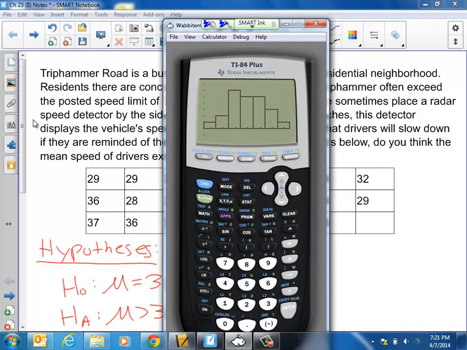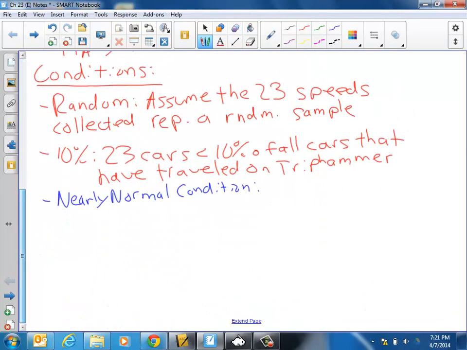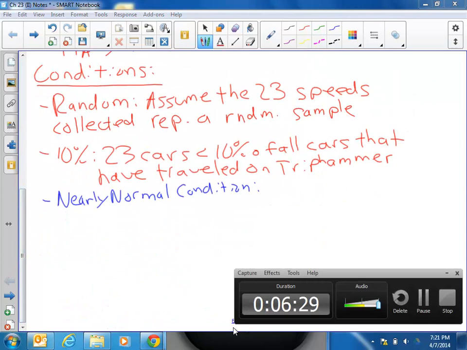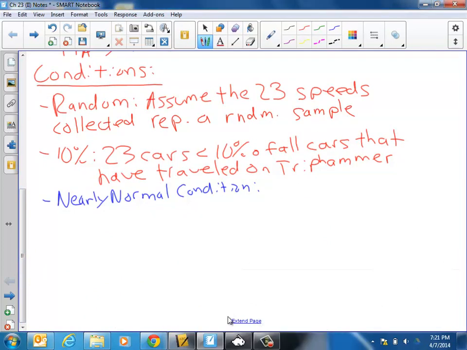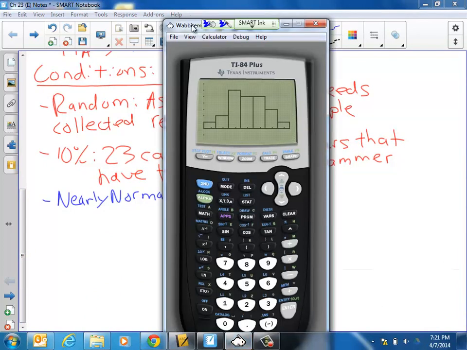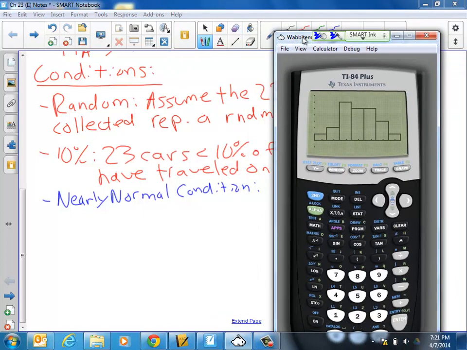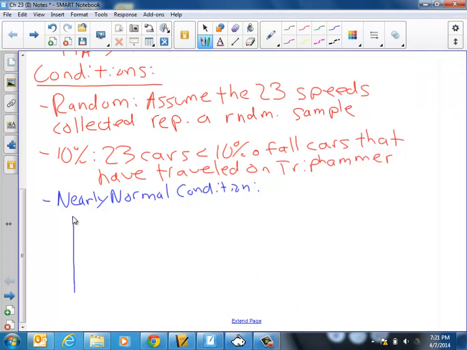So we're going to reproduce this histogram below in blue here, for the nearly normal condition. On the vertical axis is your count.